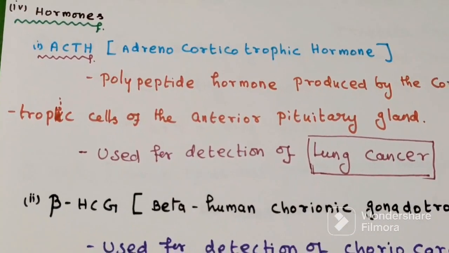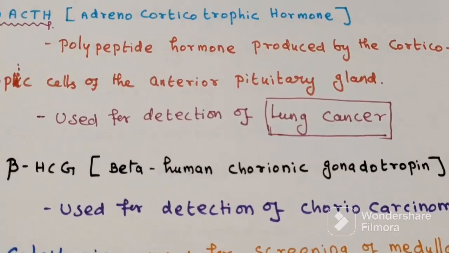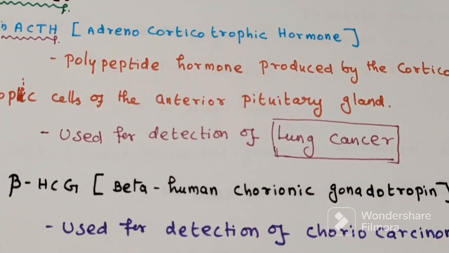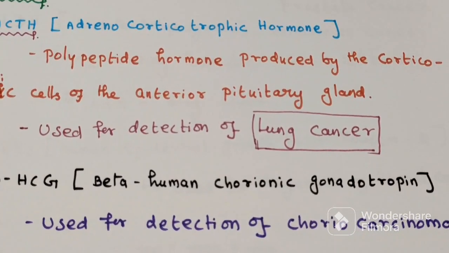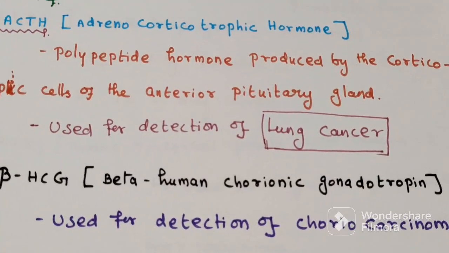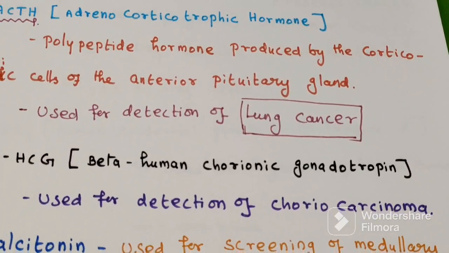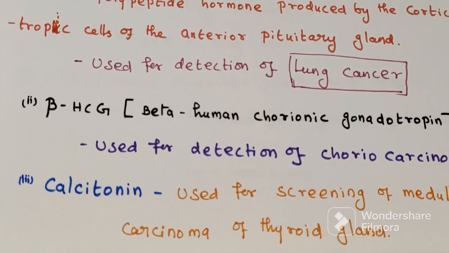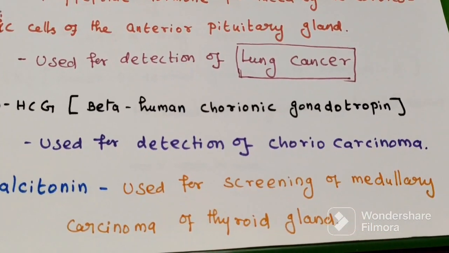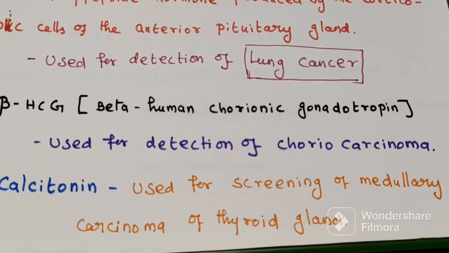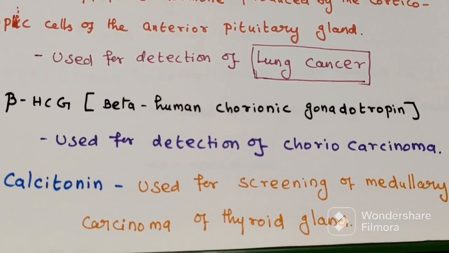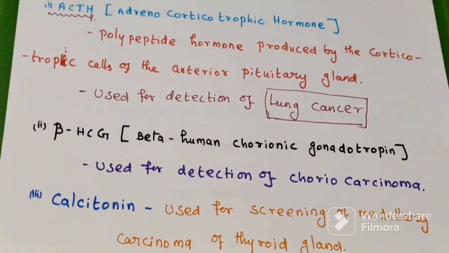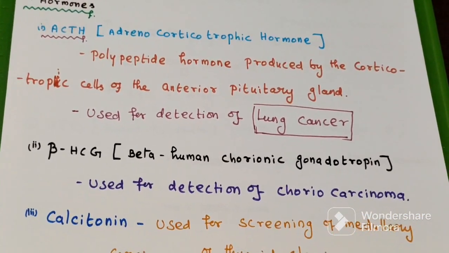Second is beta HCG, human chorionic gonadotropin, used for detection of choriocarcinoma. Third is calcitonin, used for screening of medullary carcinoma of the thyroid gland. These are the hormones.